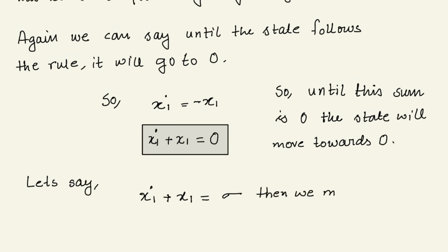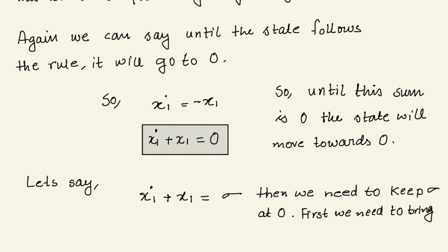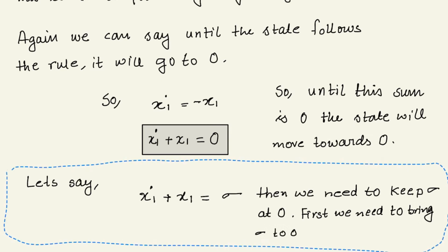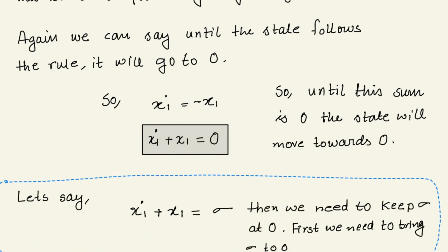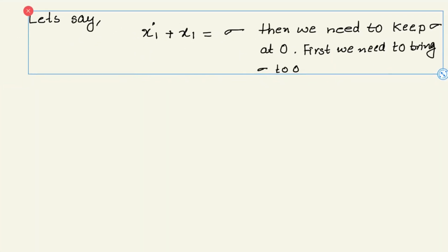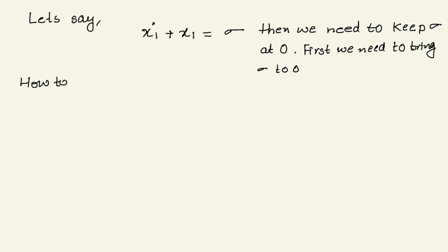So if we can keep this sigma at 0, then the state x1 is going to 0 as t tends to infinity. Thus our objective will be to bring the sigma to 0 and keep it there. Now the objective is to bring sigma to 0. So how to do that?